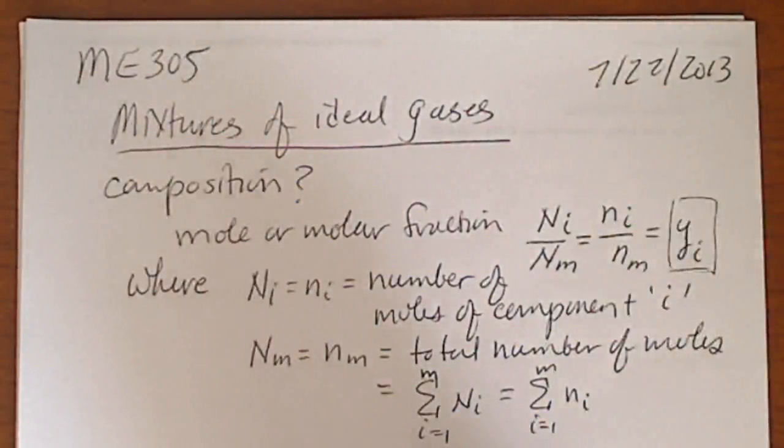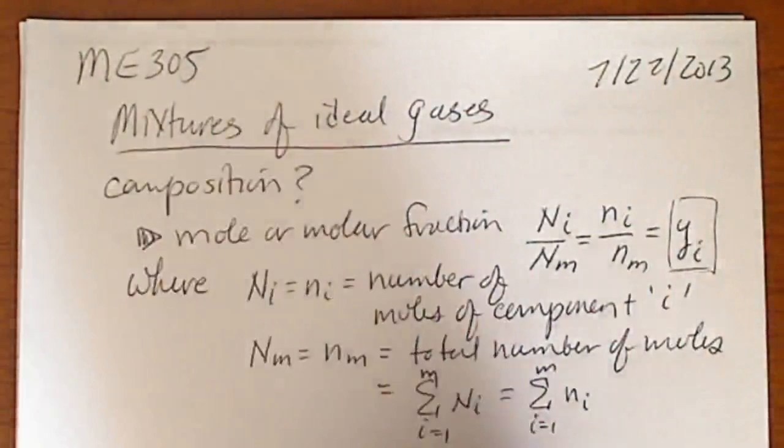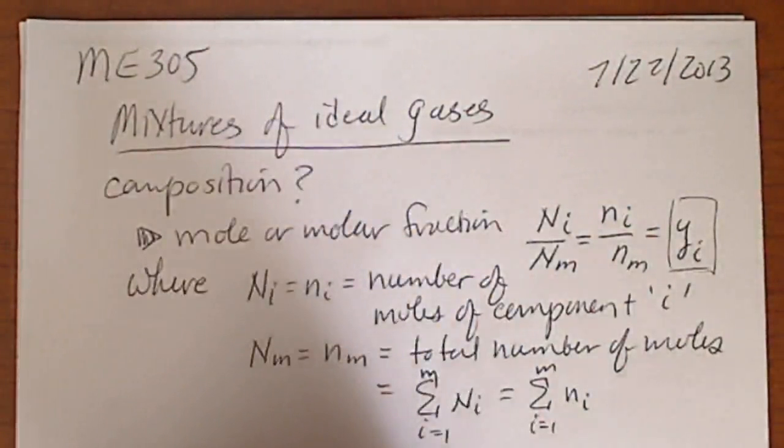Another way that we can talk about the composition, and it's equivalent, is in terms of mass fraction. So mole fraction is one thing we can do, but we can also talk about the mass fraction.